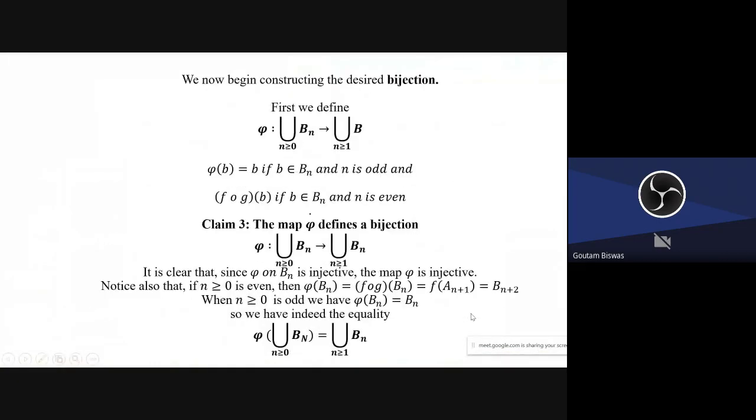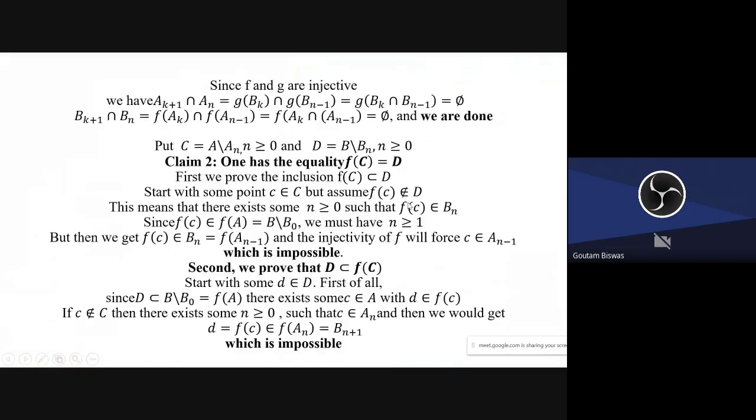So these two are impossible. So our assertion is true that D is included in Fc. Now from these two, we can say that this is equal to true.